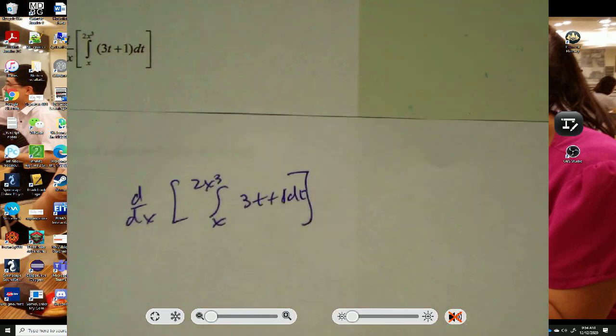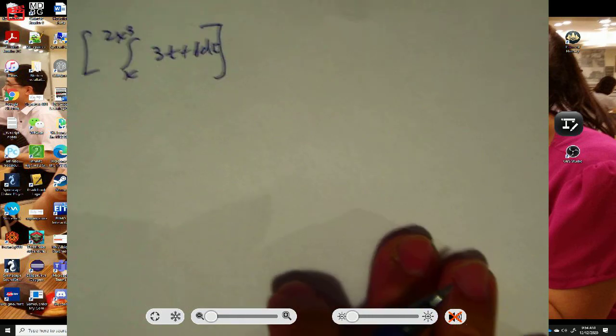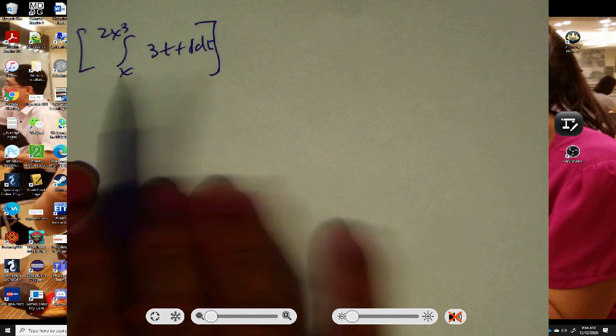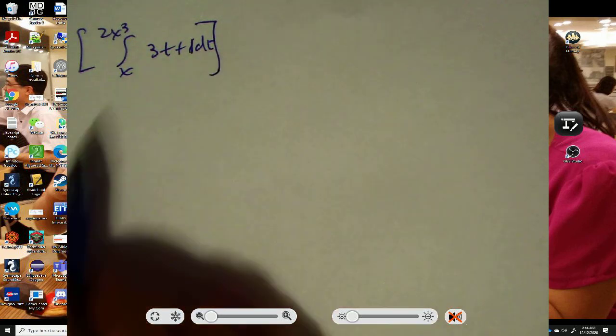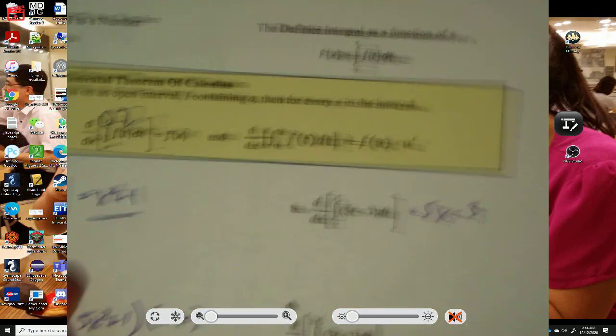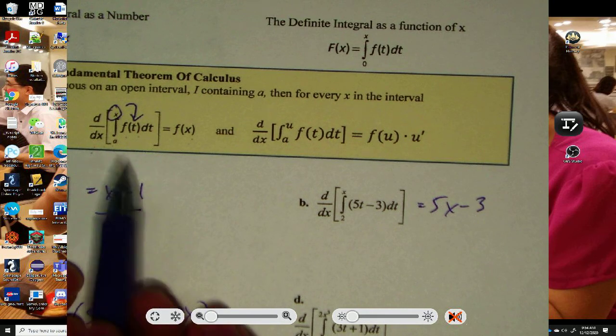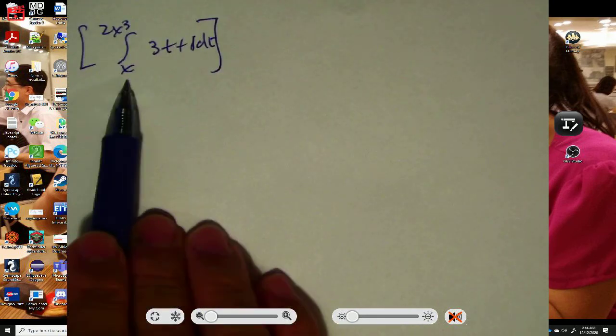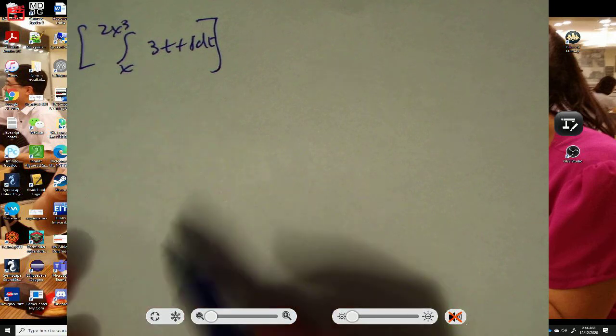Because what you're going to do is take this and spread this out. Because our fundamental theorem of calculus has to have a constant down there. This is not a constant. This is another variable. So what we're going to do is split this up.